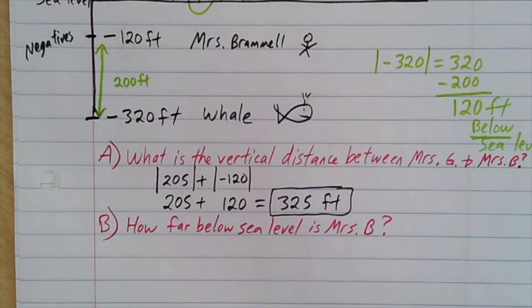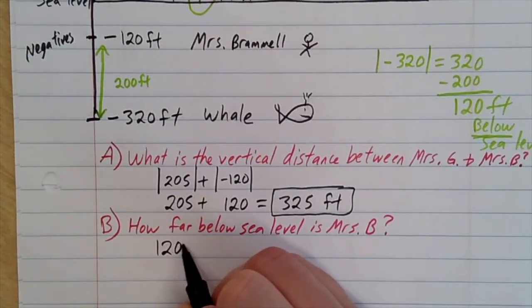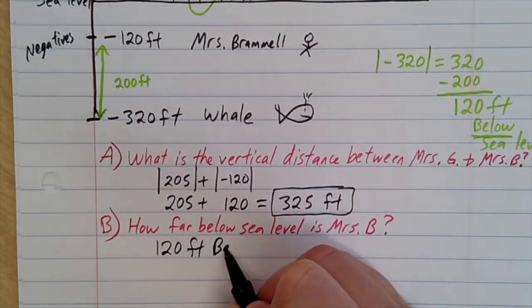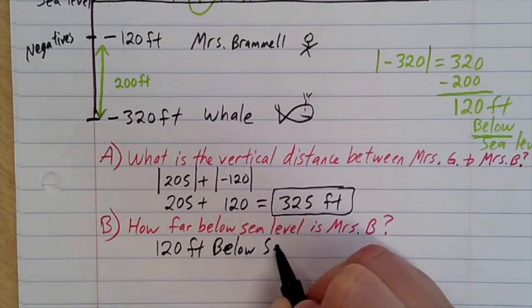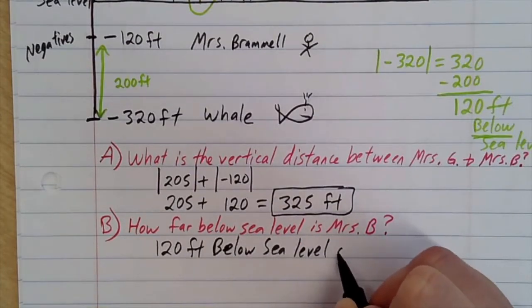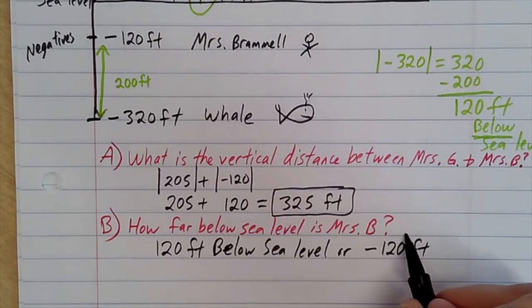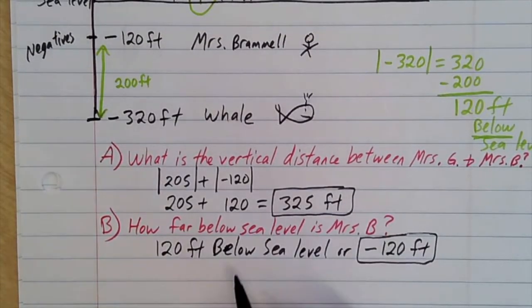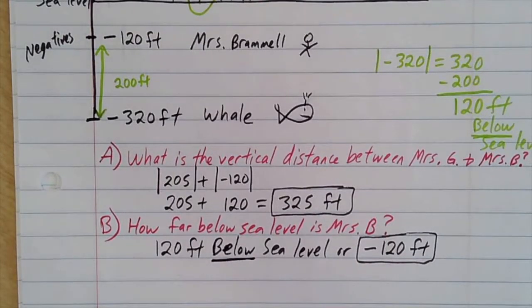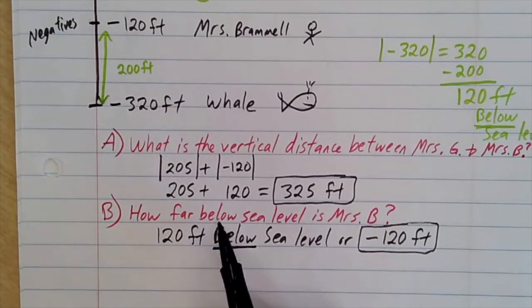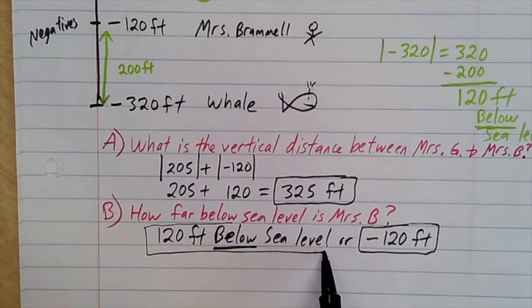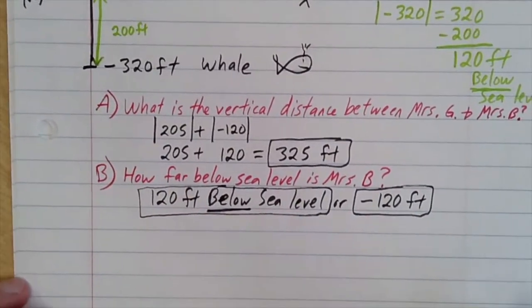So you either have to write 120 feet below sea level, or you have to write negative 120 feet, because the negative tells you that I'm below, or the word below tells you that I'm below. So it's one or the other that you have to write when comparing my distance.